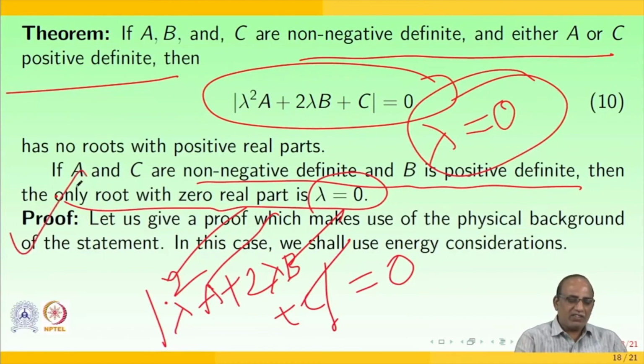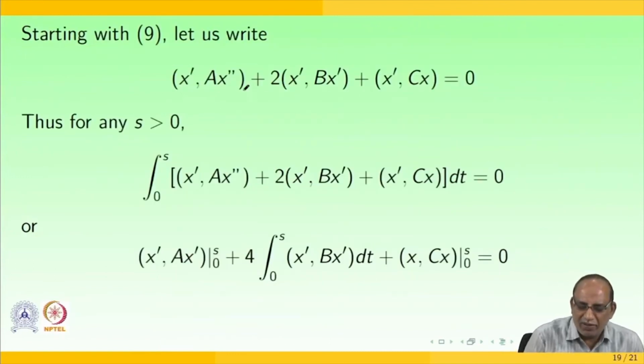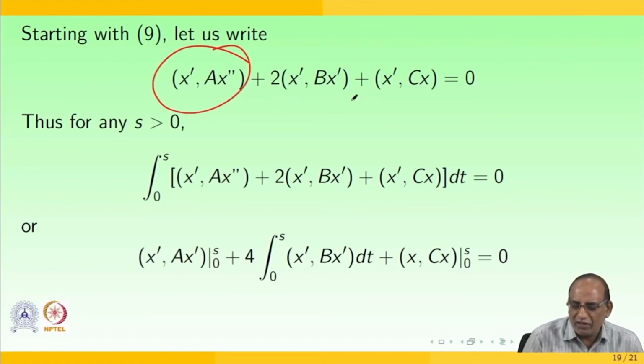Let us give a proof which makes use of the physical background of the statement. In this case, we shall use energy considerations. Starting with 9, let us write x prime A x double prime plus 2 x prime B x prime plus x prime C x is equal to 0.